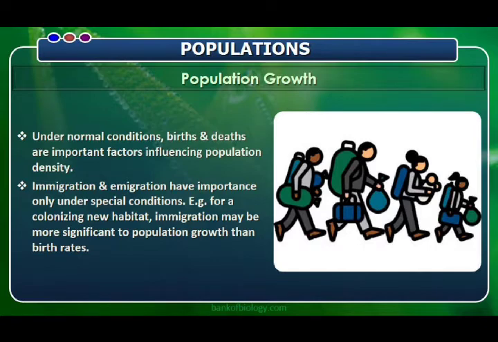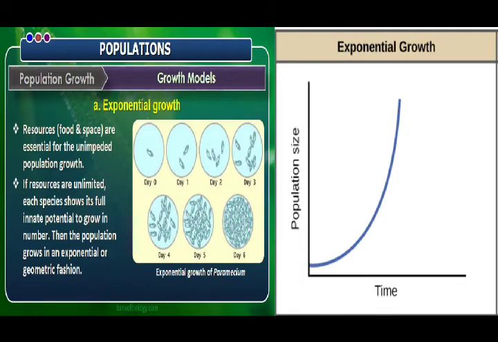Now, population growth is of two types, that is exponential growth and logistic growth. So we are going to see them one by one. Now what do you mean by exponential growth? Exponential growth is the rapid growth of any species when resources are unlimited. At that time the growth of any species will be at its ultimate peak.